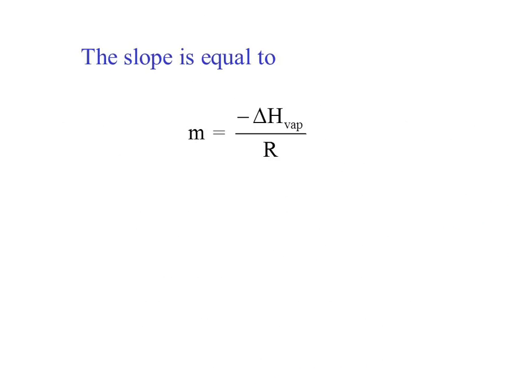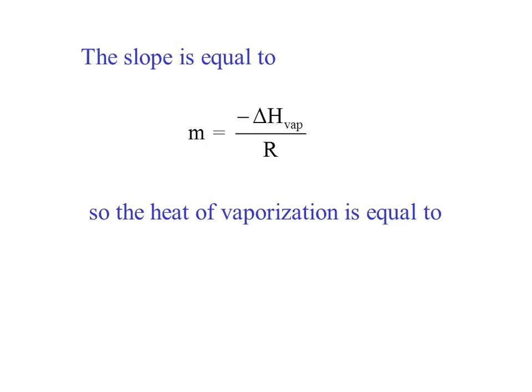Okay, so for nitric acid then, we are prepared to go ahead and knock out the heat of vaporization. According to the Clausius-Clapeyron Equation, the slope is equal to negative heat of vaporization over R. Rearranging, solving for heat of vaporization, it looks something like this. However you want to do that. I usually crisscross multiply.